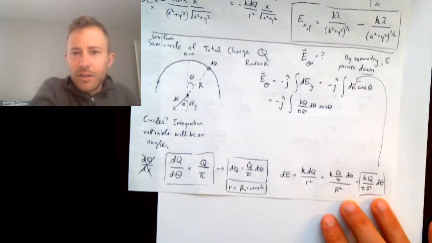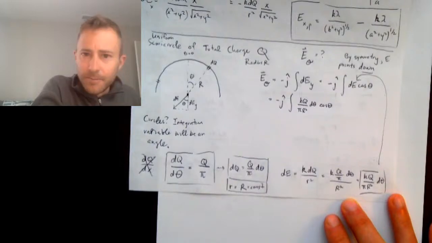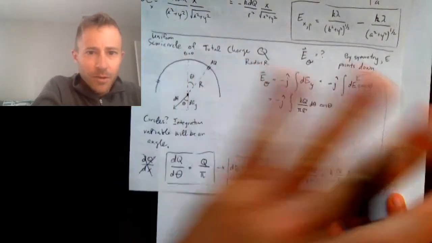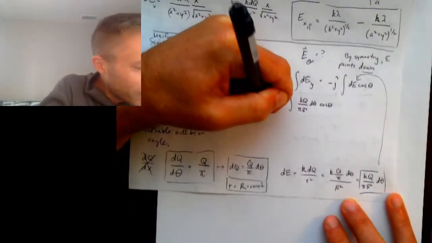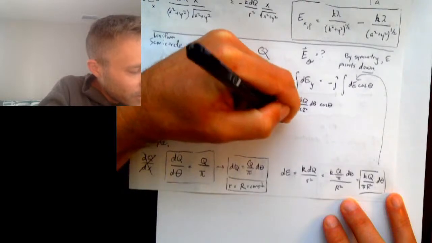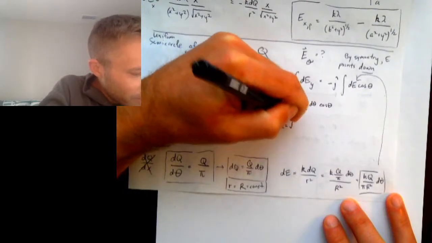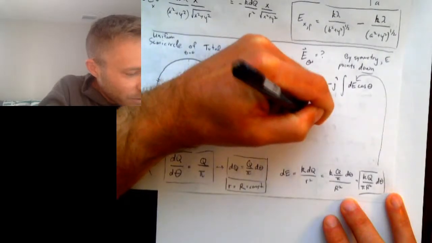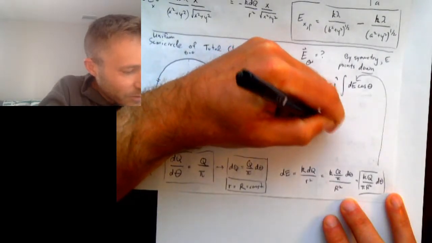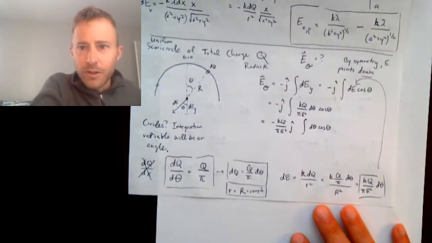I can see that my integration variable is theta, so anything that doesn't involve theta can be factored out. So I have minus kq over pi r squared j hat times the integral of d theta times cosine of theta. Now I have to do the limits of integration.